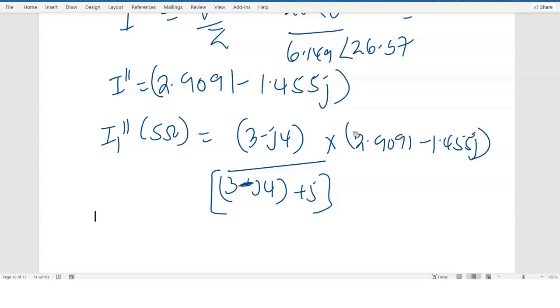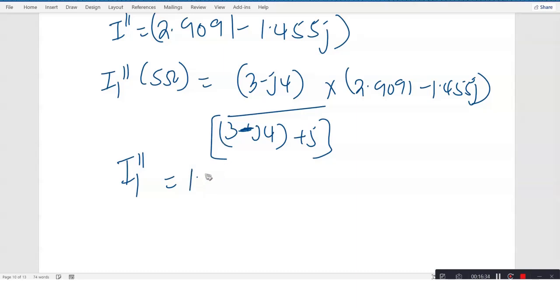I get my answer times (3 minus j4), and I divide the answer by 8 minus j4. So I'm getting I1 double prime as 1.092 minus j1.455.